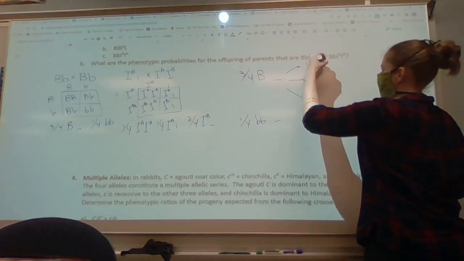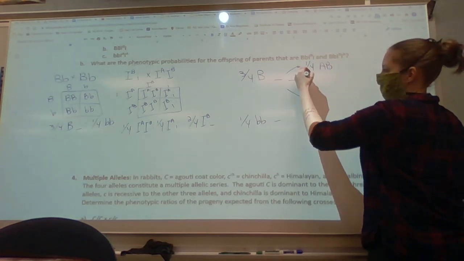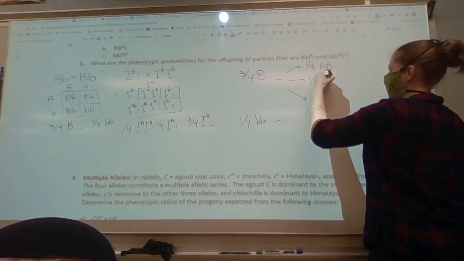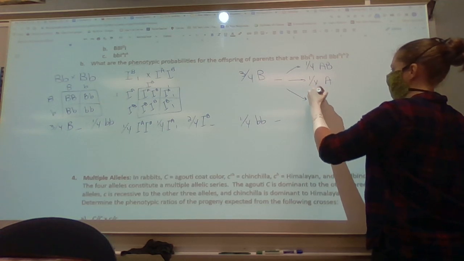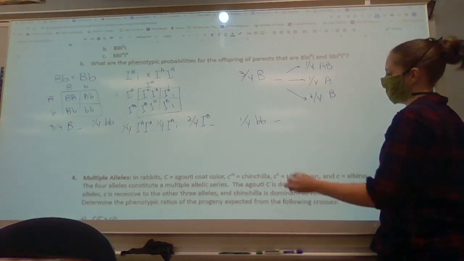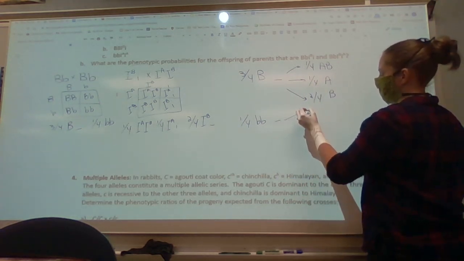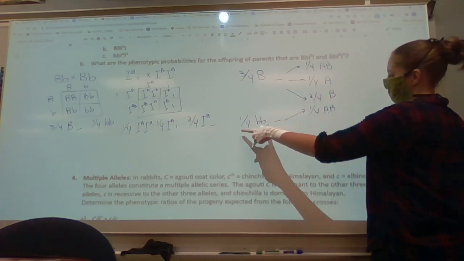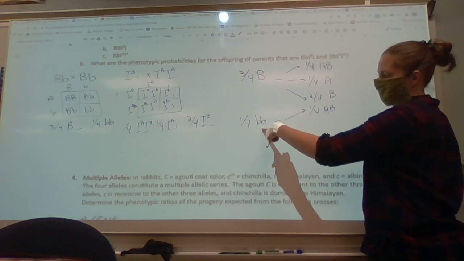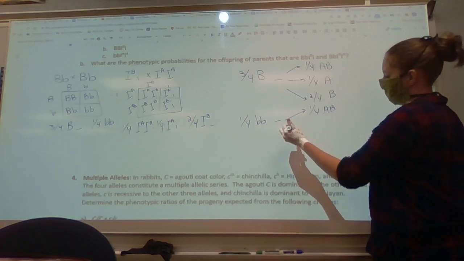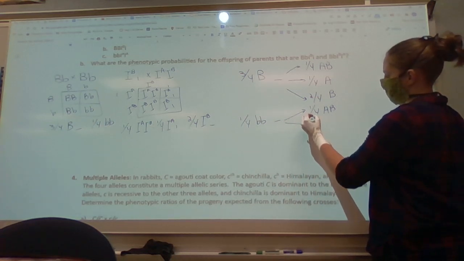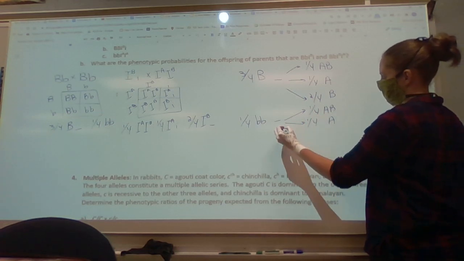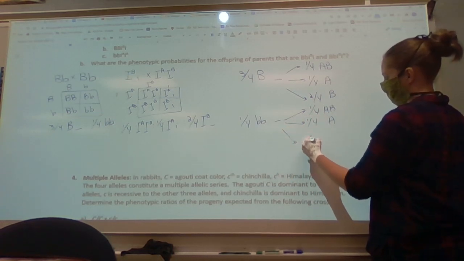I'm just going to simplify it here. 1/4 AB, 1/4 A, 2/4. And this technically you don't have to do because you know right away all the rest of the offspring are going to be type O. But we'll do it anyway. 1/4. Of course.